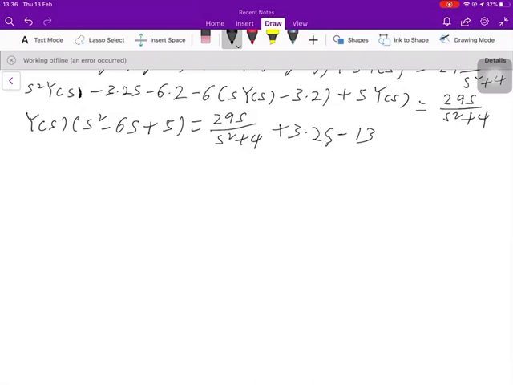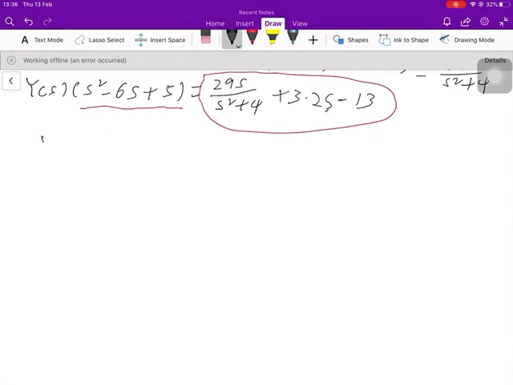Okay, now what do we have? We need to divide the right hand side by this term, so that we can get Y of s on the left hand side only. Now if we divide, what would we have?